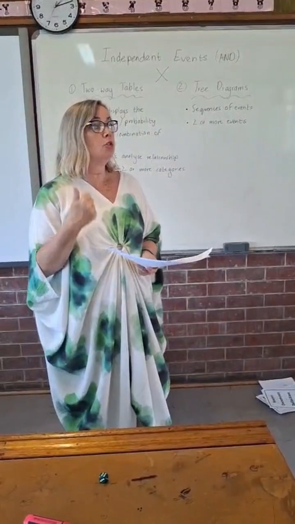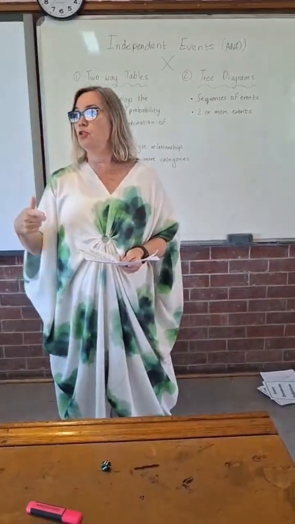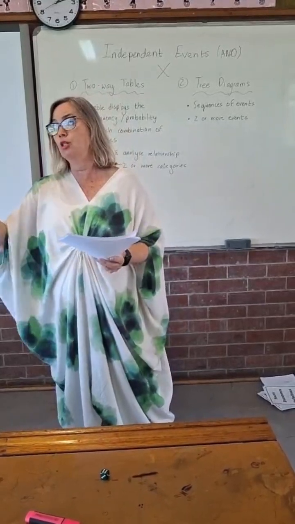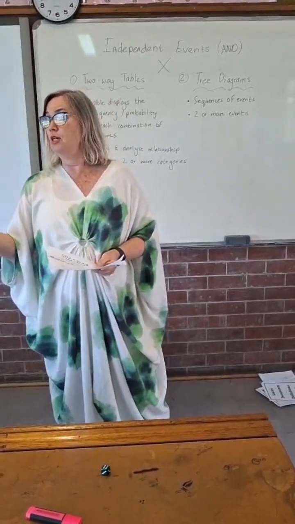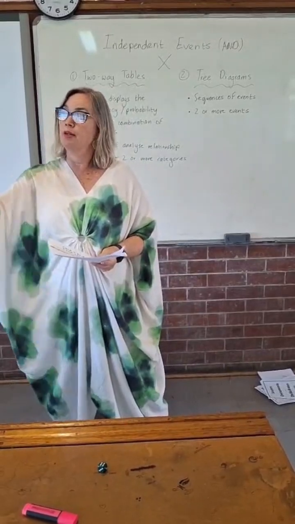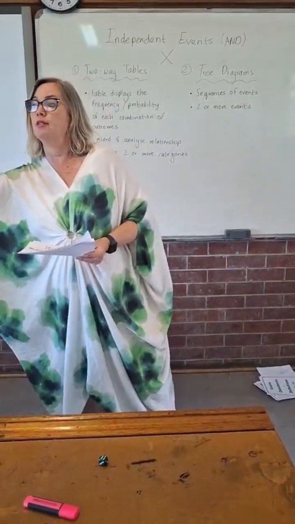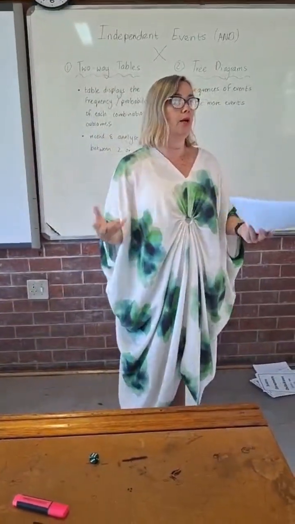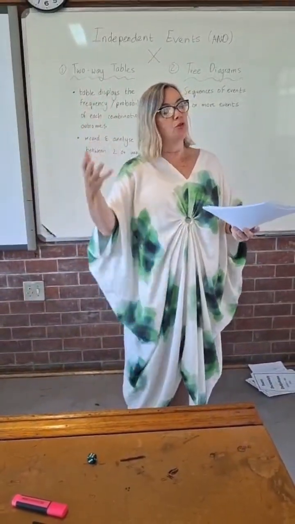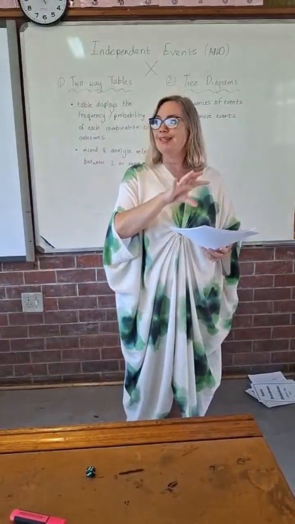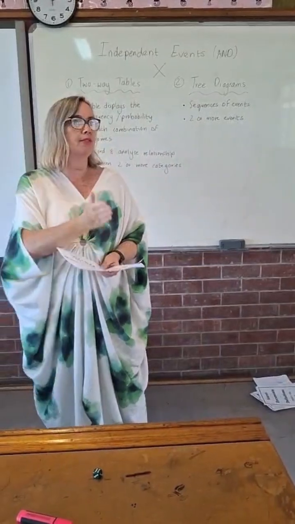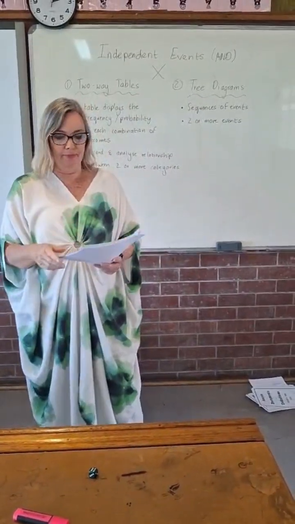Me choosing broccoli soup versus butternut soup is 1 out of 2. Then I go on to the mains: I can have chicken, beef, or vegetarian. I choose beef, which is 1 out of 3. Then, compounding onto that, is your dessert. You can have lemon meringue or apple pie, so it's 1 out of 2. We need to know that in that case we are multiplying those probabilities, not adding them like in our previous lesson on Monday.